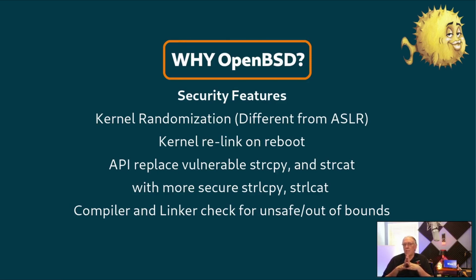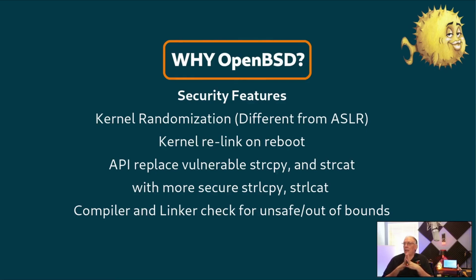In fact, they go so far as to relink the kernel on each reboot. And you're probably thinking, oh my God, that's going to take forever. Actually, no. It only takes a few seconds for OpenBSD to relink the kernel on each reboot. It's that streamlined and that fast.